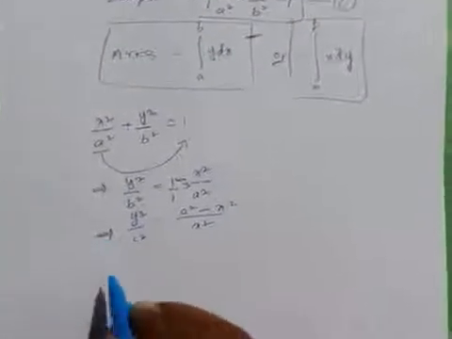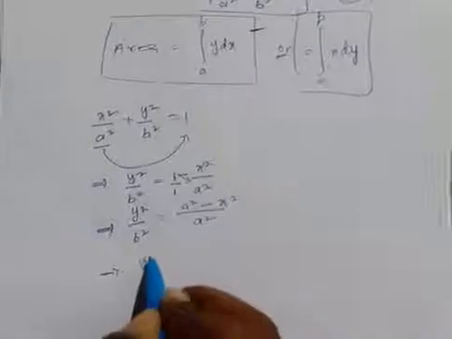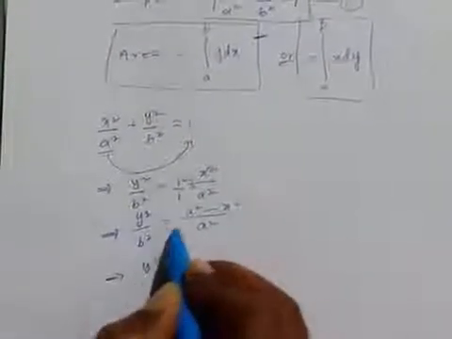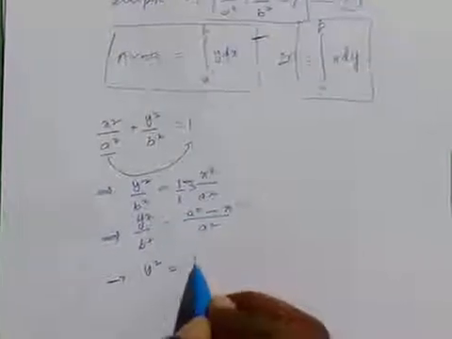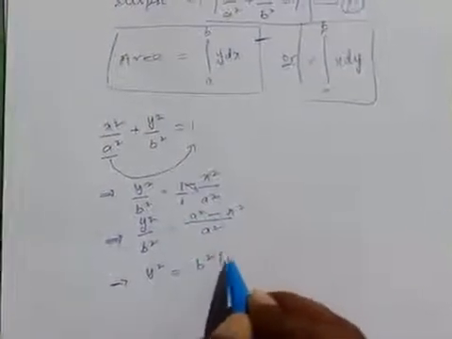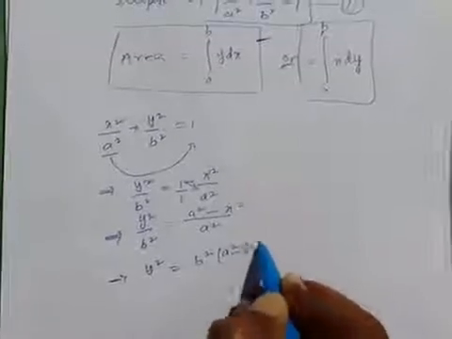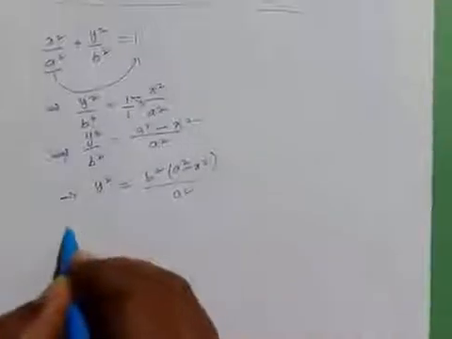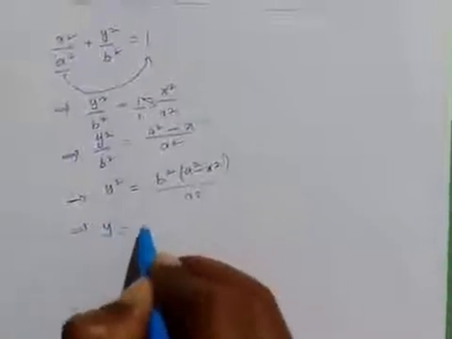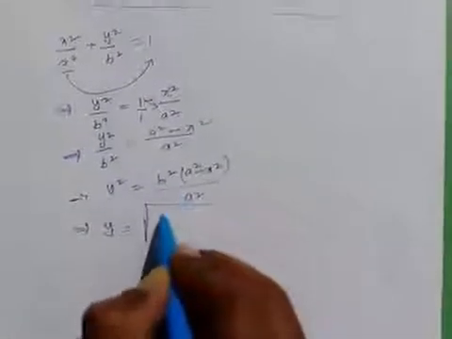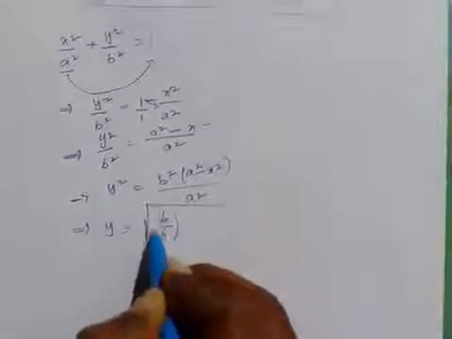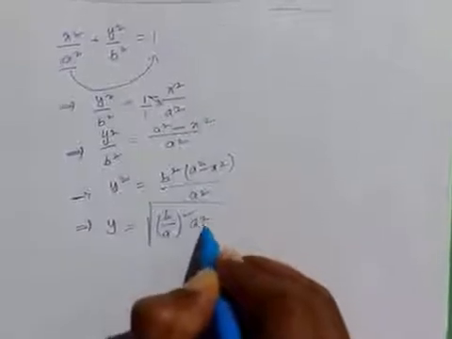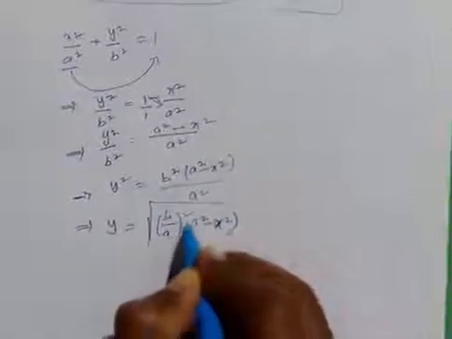b square. Next, y square is equal to, here b square is in the denominator, if we transfer it, it will be multiplied, so b square into a square minus x square by a square. Then y is equal to under root of, we can write this as b by a whole square, because both have power values, into a square minus x square.